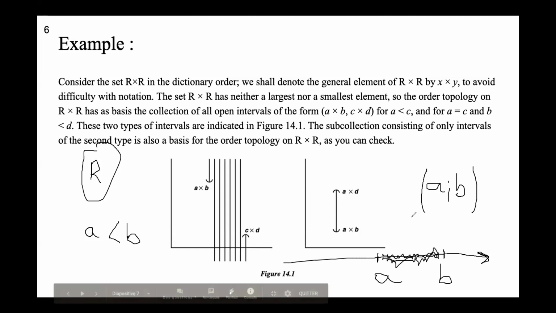Then could you give us maybe a description about what kind of set could be in the topology of R? It can be a set of the first type, like this one, right?